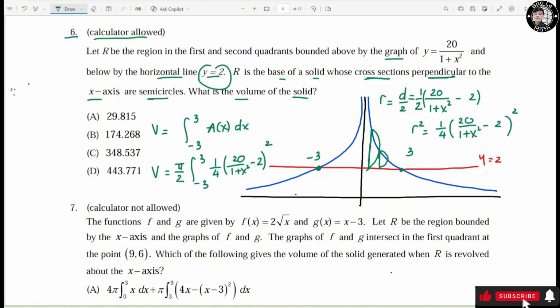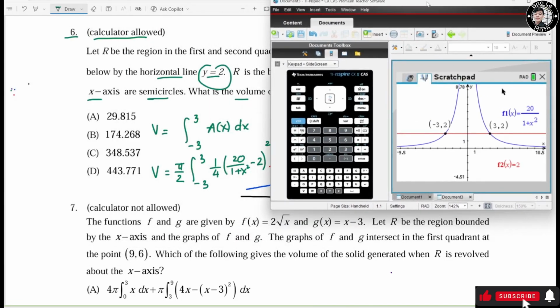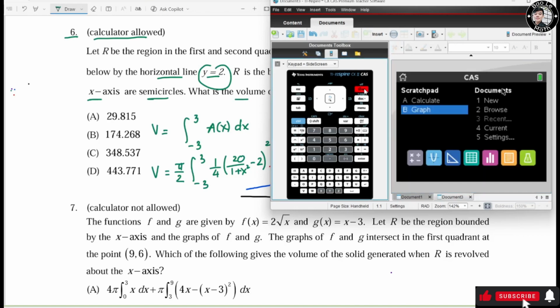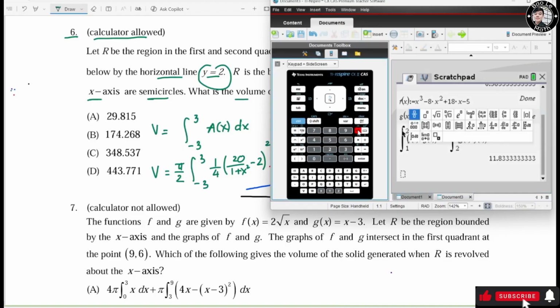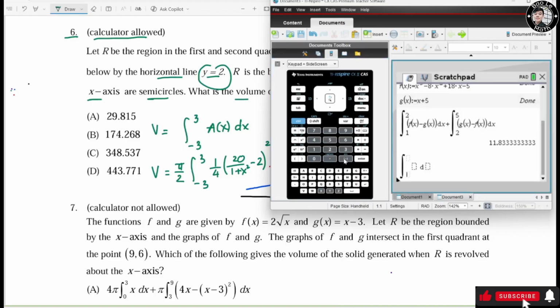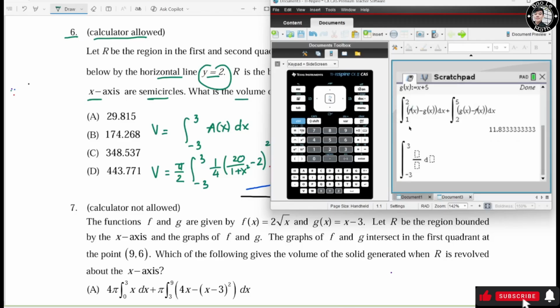I'm going to bring up the calculator. Now we're going to go to the home screen, hit calculate, hit the button right here, and pick the integral from -3 to 3 of 1 over 4 times pi over 2, which could be pi over 8.